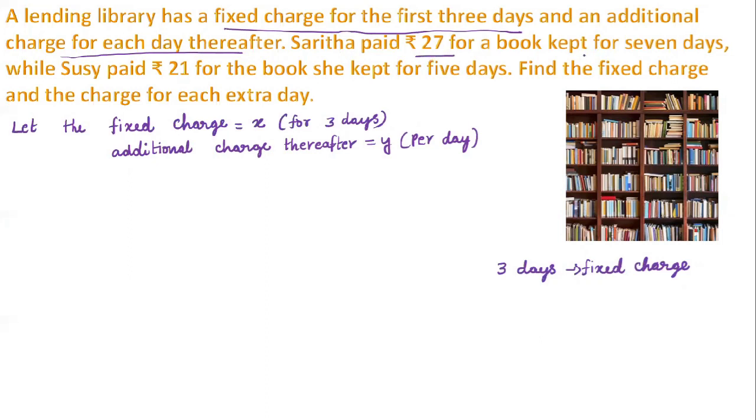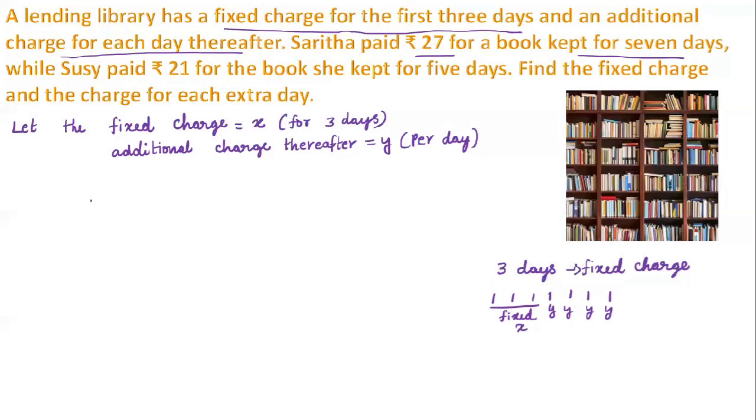Now Sarita paid rupees 27 and she kept the book with her for 7 days. For the first 3 days she has to pay the fixed charge, and after that she has to pay y rupees for 1 day.